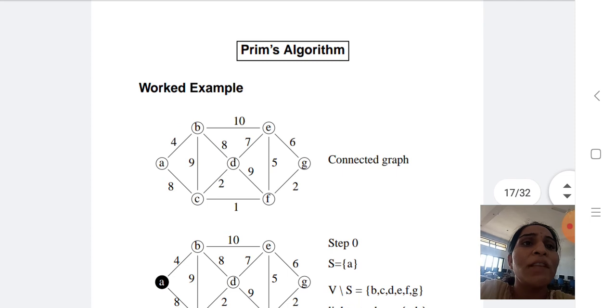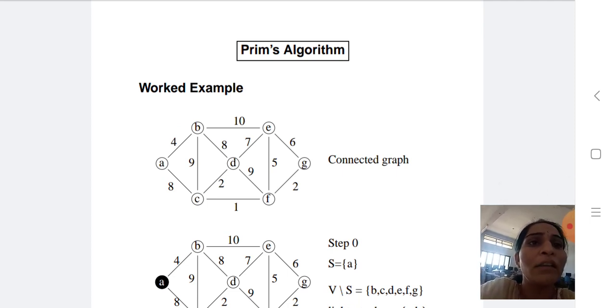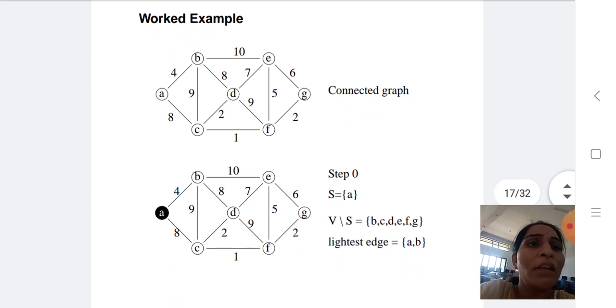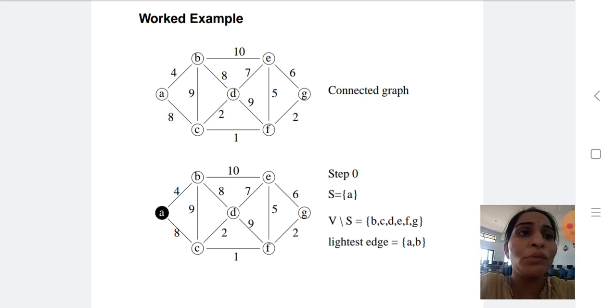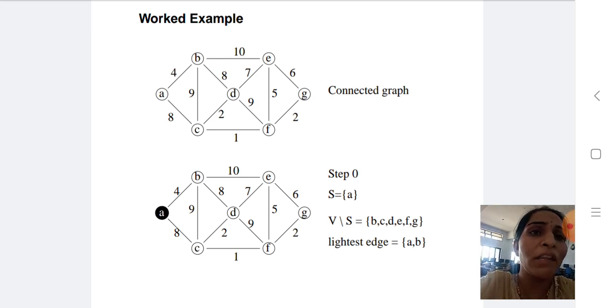For example, Prim's algorithm at work: this is the connected graph and you have to apply Prim's algorithm on it. Firstly, A is the root node, so A will be added into S, and the V minus S vertices contain B, C, D, E, F and G, the remaining vertices.